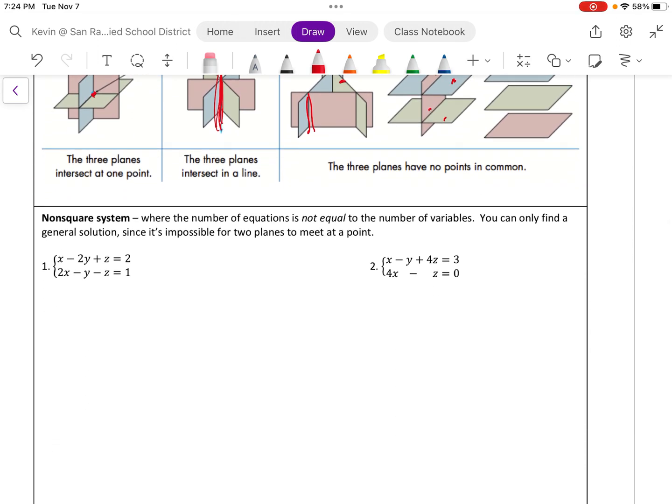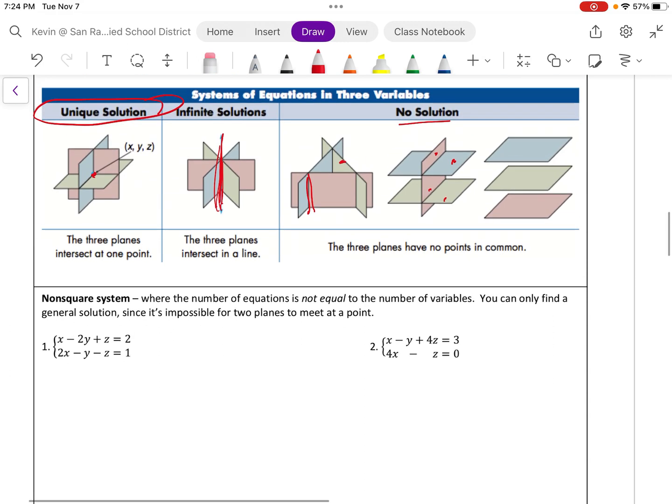Okay, so we're going to look at non-square systems where the number of equations is not equal to the number of variables, in which case you can only find a general solution, since it's impossible for two planes to meet at a point, right? If we have two planes, here's a plane, and it intersects with this plane here, okay?